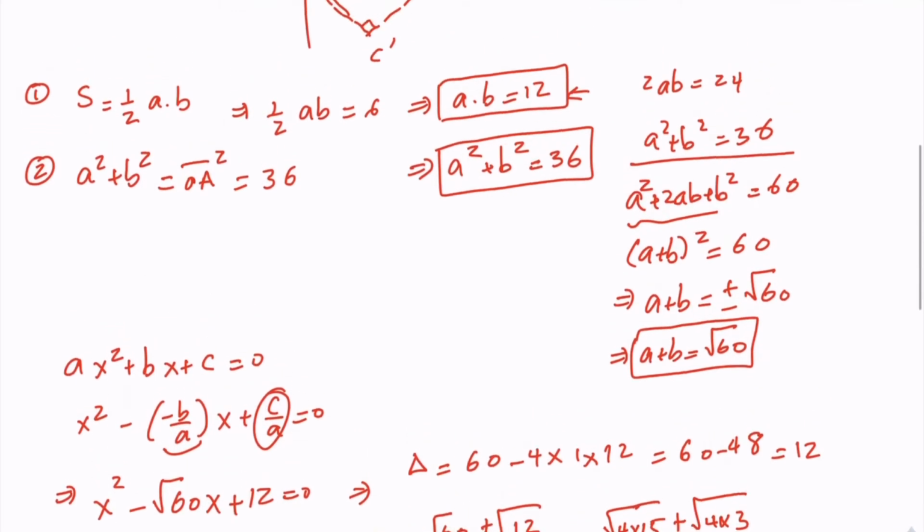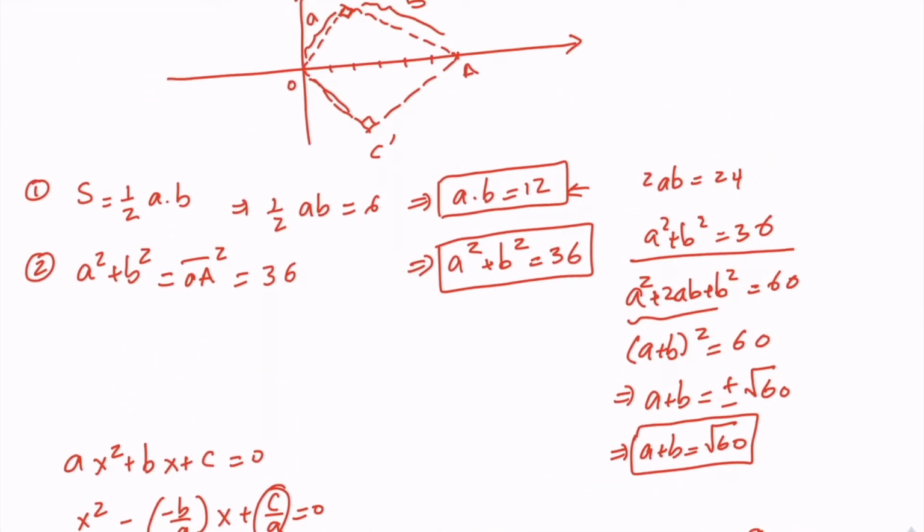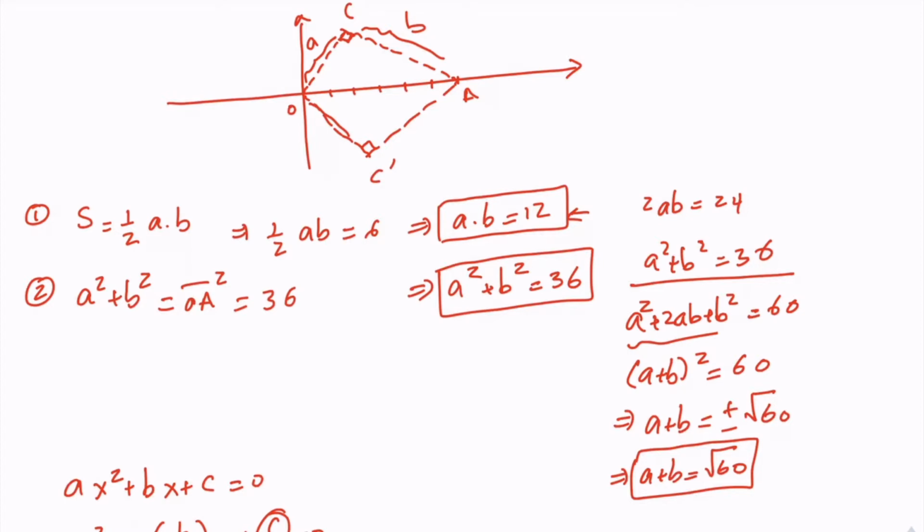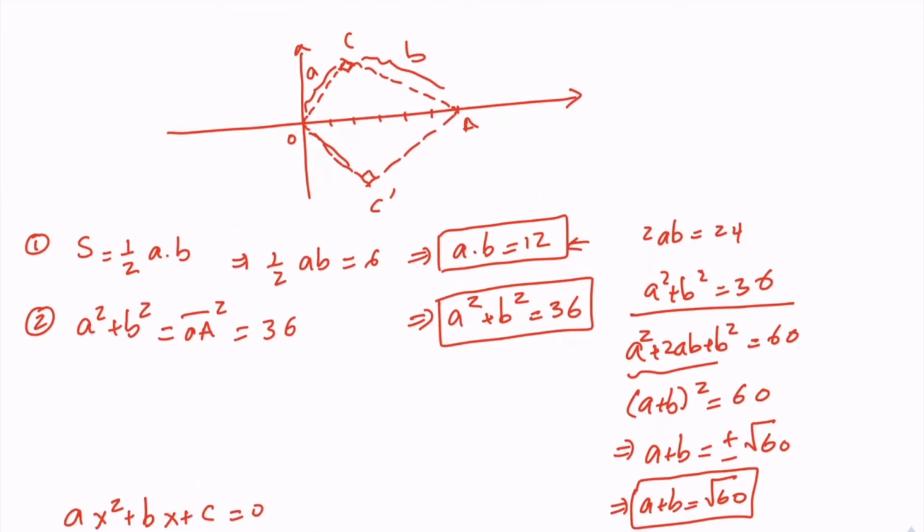Let's go back and look at our equations. We have found a and we have found b, but we need to find the coordinates of the point C and point C prime. If we assume that the coordinates of C are x and y, then we know that the distance from the origin to a point at x and y is equal to the square root of x squared plus y squared.